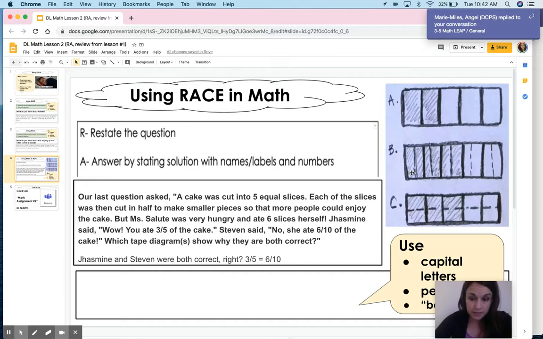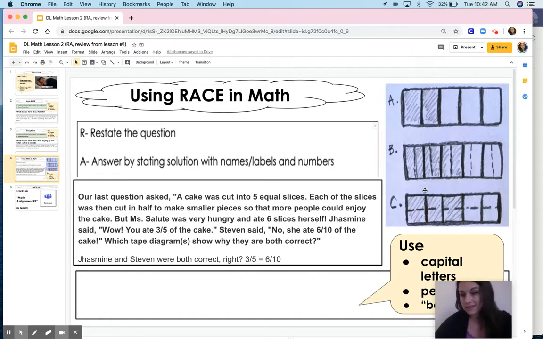So when we counted up the tenths, we got 6. 1, 2, 3, 4, 5, 6. But C shows the exact same thing. It's just that the tenths are created with a horizontal line rather than vertical lines. You see that? Look, here's 1/5, 2/5, 3/5, 4/5, 5/5. But then this line cut them all in half, and now we have 10. 1, 2, 3, 4, 5, 6, 7, 8, 9, 10.